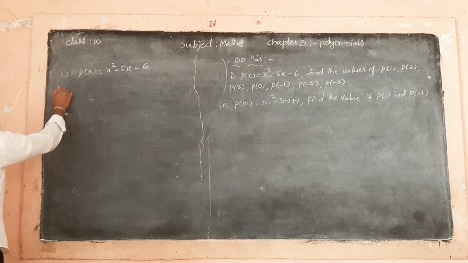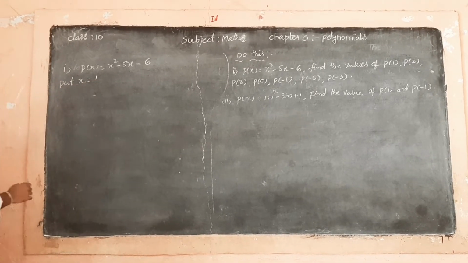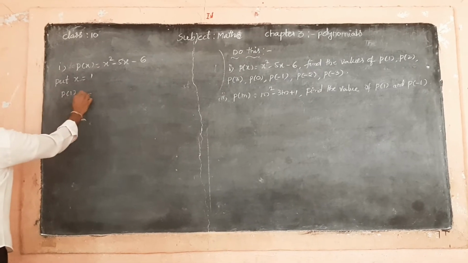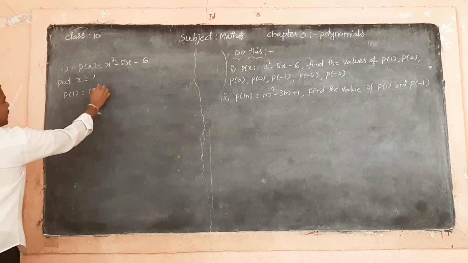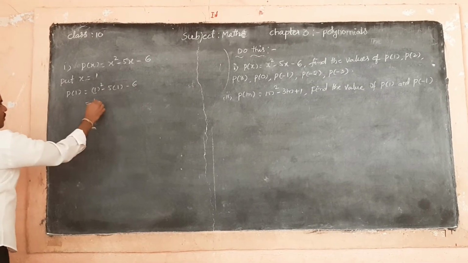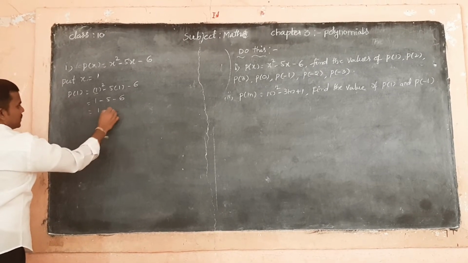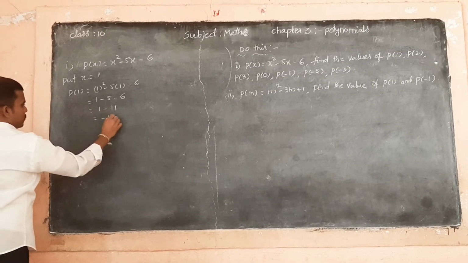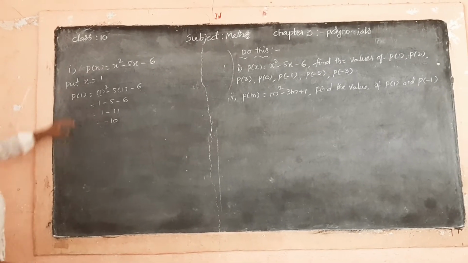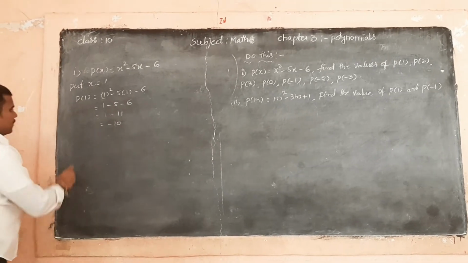So put x is equal to 1. So p of 1 is equal to 1 square minus 5 into 1 minus 6. 1 minus 5 minus 6. 1 minus 11 is equal to minus 10. So put x is equal to 1, the polynomial value is minus 10.